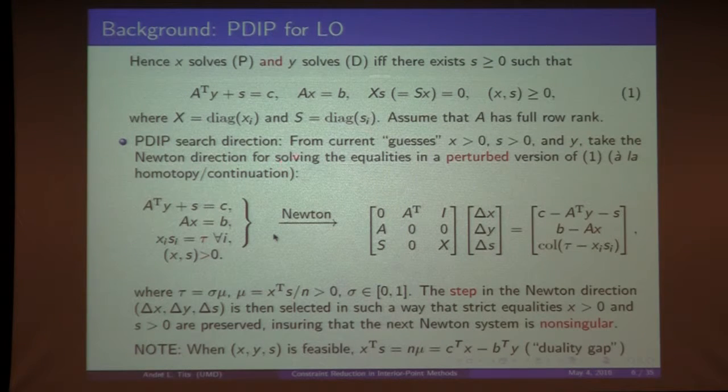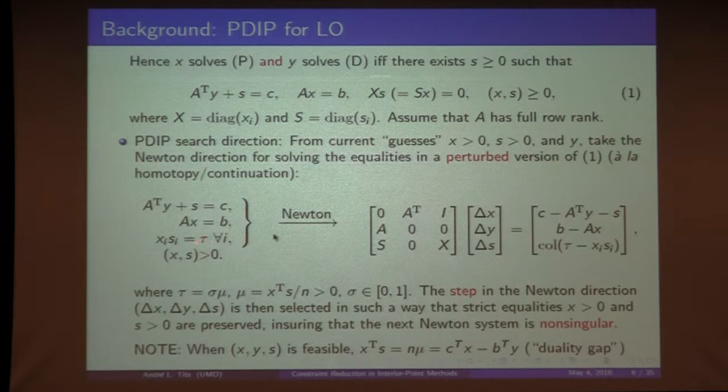Take the Newton direction for solving the equalities in a perturbed version of 1. This is the perturbed version, perturbed in two ways. One way is, here I had xi si equal to 0, here I have it equal to a positive number. And the second way is that this non-strict inequality becomes a strict inequality.